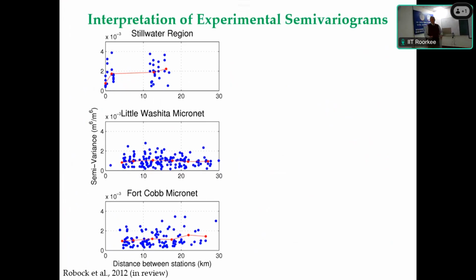They are irregularly distributed. So you understand what we are looking at, right?